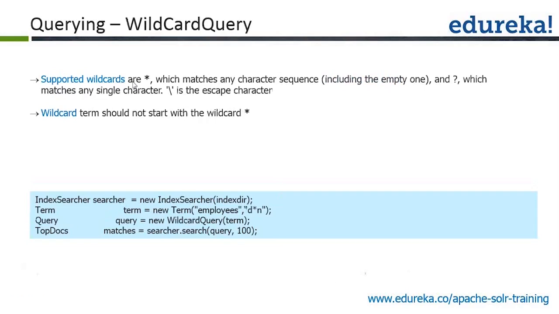Fine. Now the wildcard is a little bit different. The supported wildcards are the star or asterisk and the question mark. The asterisk represents zero or more characters, and the question mark designates a single character replacement.